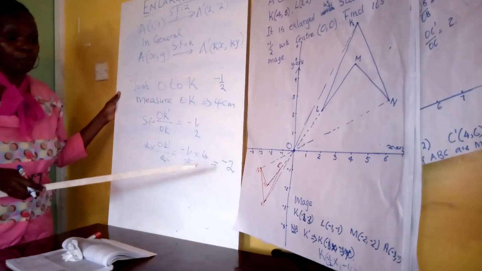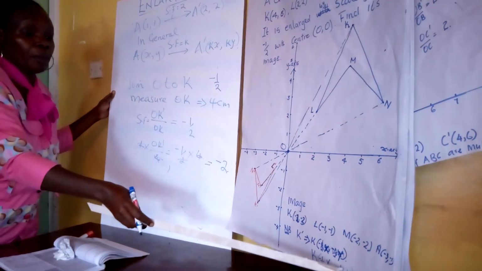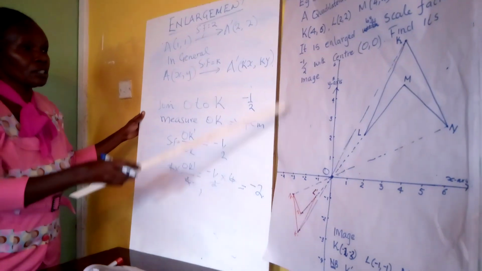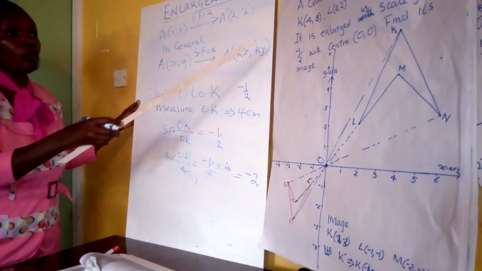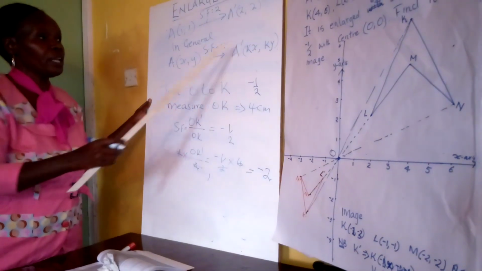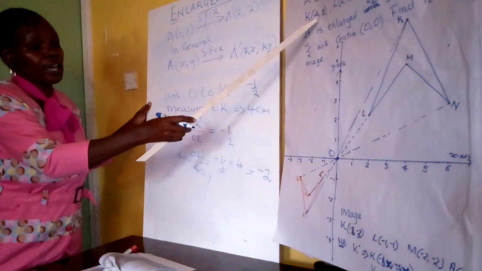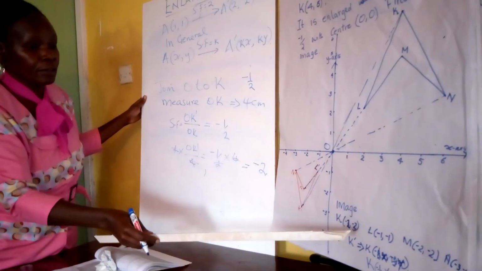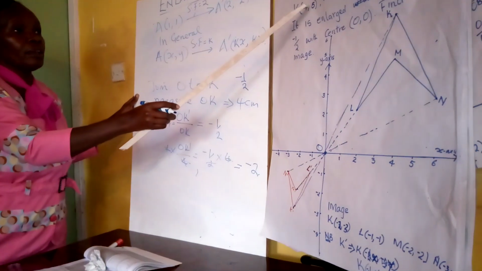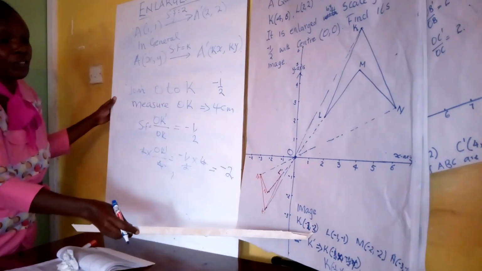Same case with M. You realize that it still applies the same formula, that to get the image of a coordinate K, you need to multiply 4 by negative 2. So when you multiply 4 by negative 2, we get negative 8. When you multiply 6 by negative 2, we get negative 12.